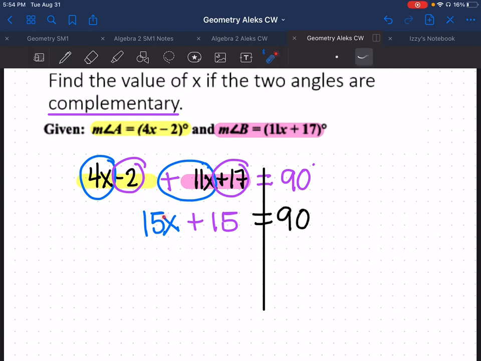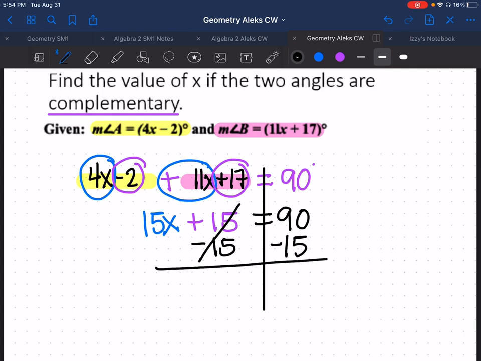I have my x on one side, so I'm simply going to go ahead and get rid of the add or subtract. I see add, and by doing its opposite, which is, of course, subtract. All right, 90 minus 15 is 75.